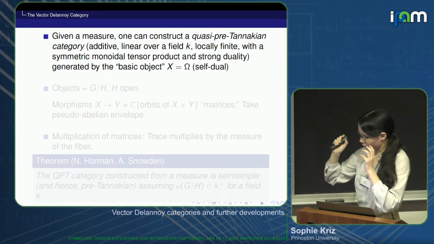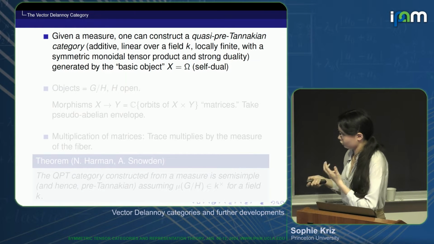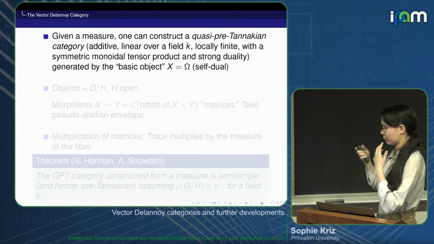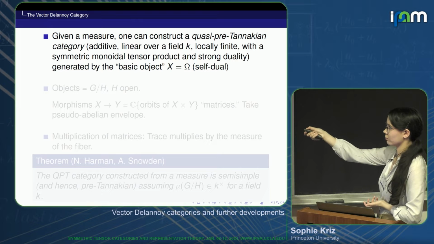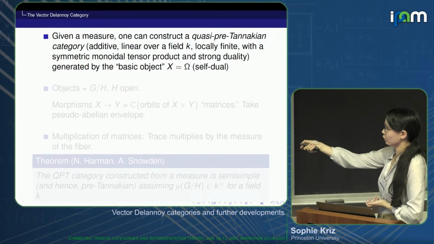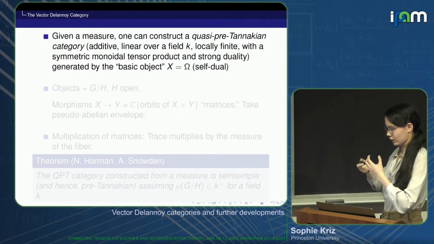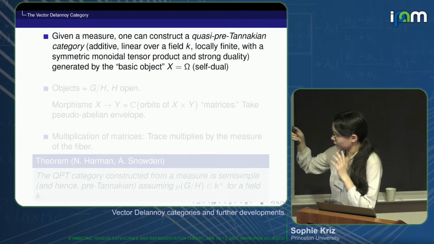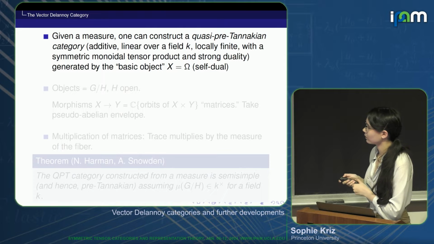In this oligomorphic group and measure construction, the categories which we get will be tensor generated by some basic object x, which will just correspond to this underlying set, in the case of the Delannoy category, the real line. And x will be self-dual in this category.